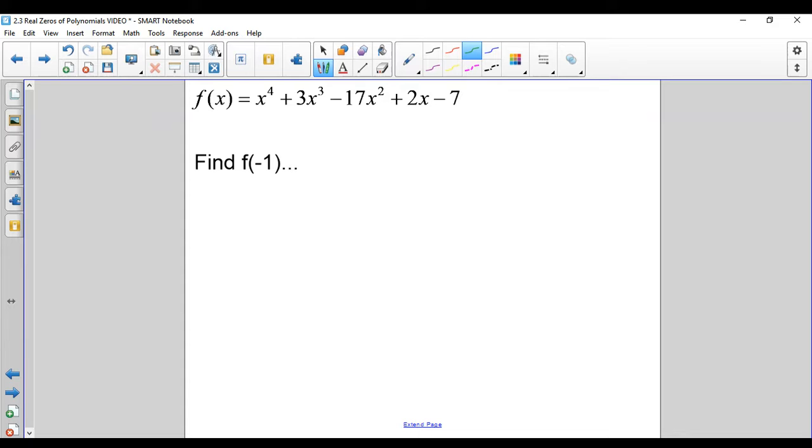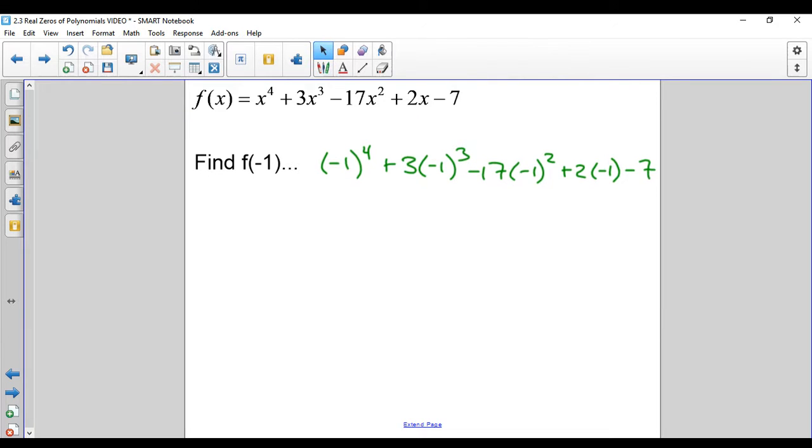What you would normally do for f of negative 1 is take negative 1 and plug it in for every x that is involved. It's a lot of x's in this case. If we're doing the steps, we can obviously type this in our calculator, but it's no big deal by hand either.